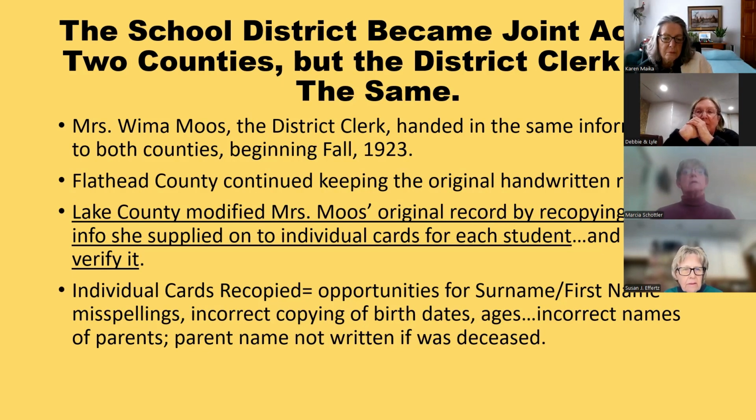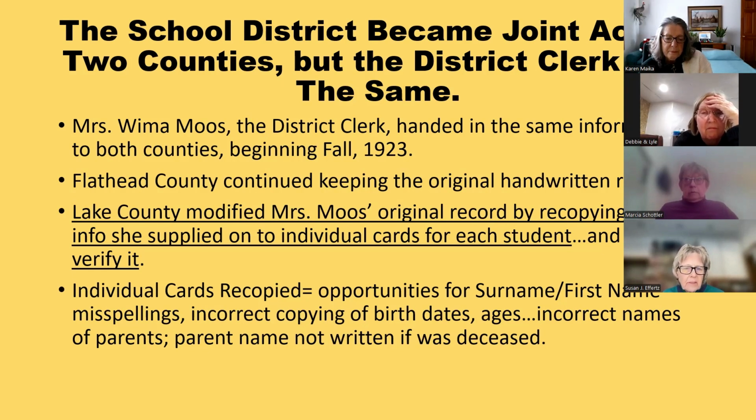And she did that. But Lake County got the original records by recopying her info, and they put it on individual cards. Now, every single time you transfer information, you risk creating a mistake.